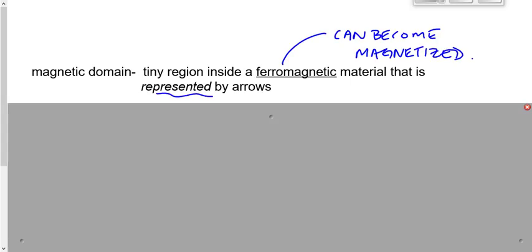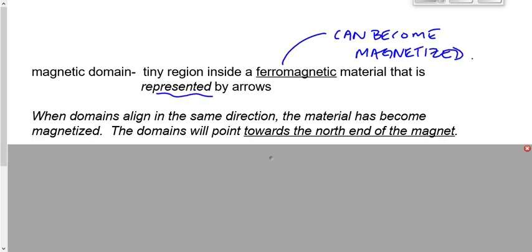We represent these domains that have to do with spins of electrons by arrows. It's too difficult to draw the spins of electrons, so we're going to draw arrows to represent those spins. This domain is a tiny little region inside this material that can become magnetized, and we're going to represent these domains by tiny little arrows.